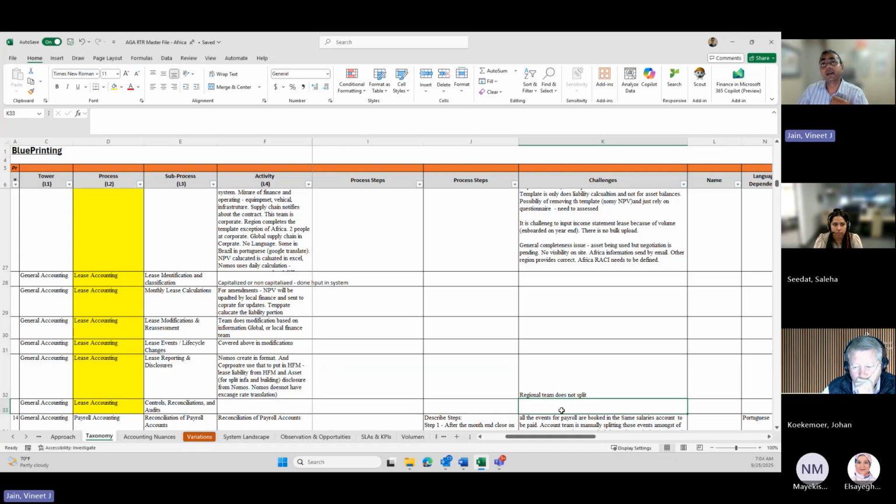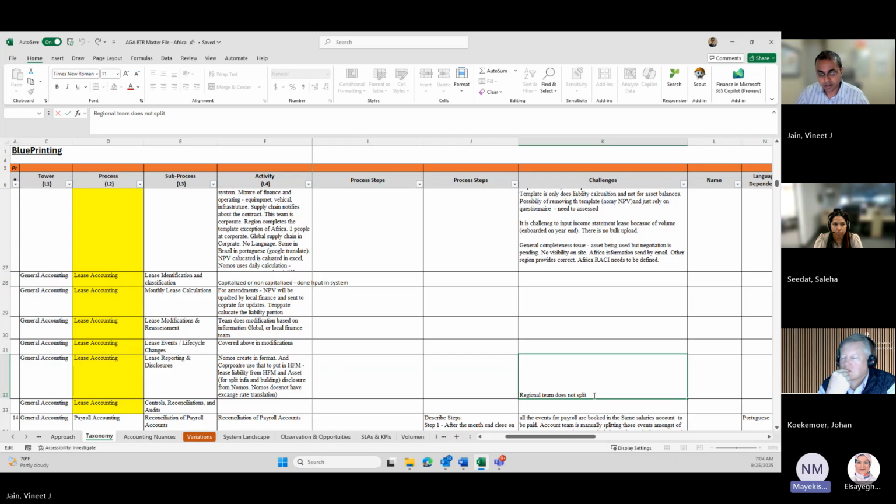So we are getting burdened because we have to manually split it, right? Yeah, NOMOS. So that is our challenge. If it is not there, we could be relieved from those calculations, correct? Yes, if it was set up so that they could upload it against the correct categories, we would be able to rely on HFM only for the disclosures.